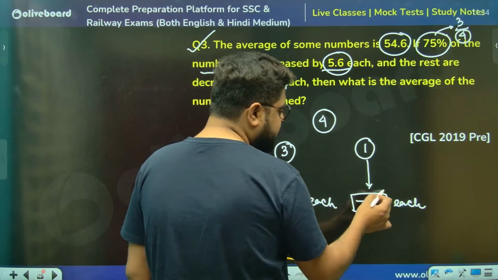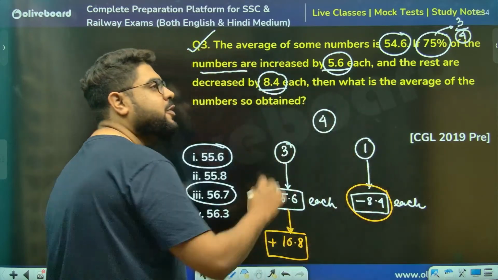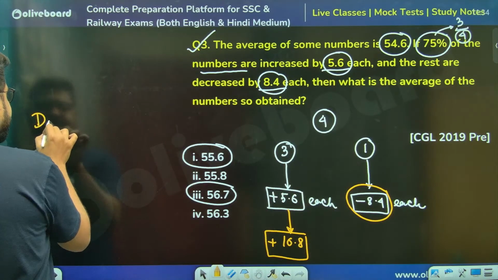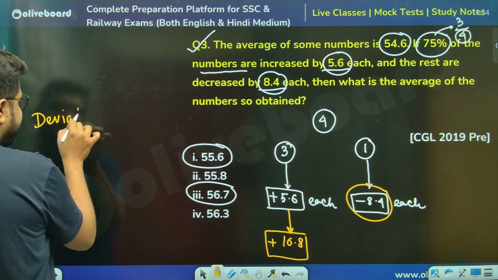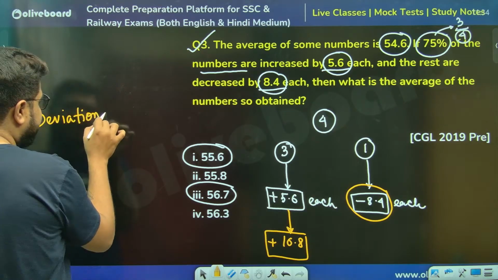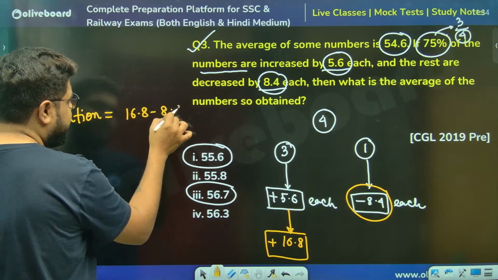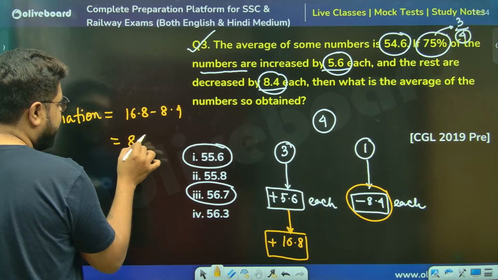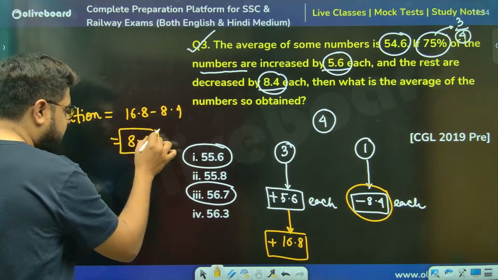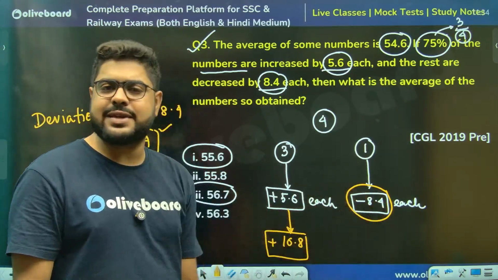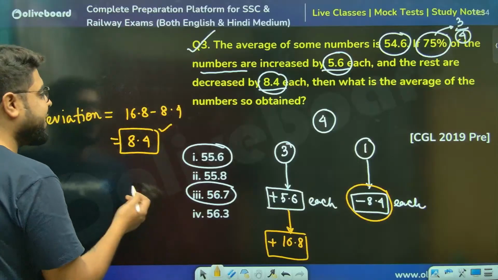And here it is 1 into minus 8.4, only minus 8.4. Sir, total deviation will be how much? 16.8 minus 8.4. You will say, sir, 8.4 is the deviation, and that too plus, because plus is the final. Plus 16.8 minus 8.4. Sir, you will say, the work is done.